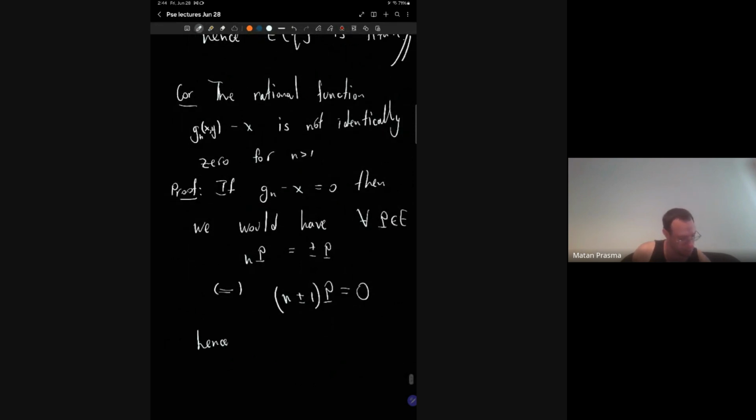Hence, either E[n minus 1] or E[n plus 1] would be infinite, would be, in fact, the whole group, equal to E of K bar.